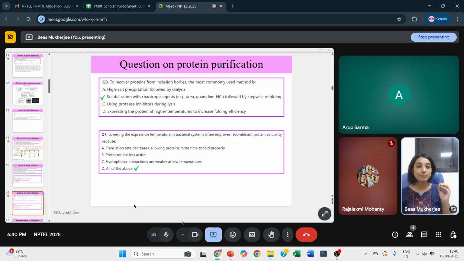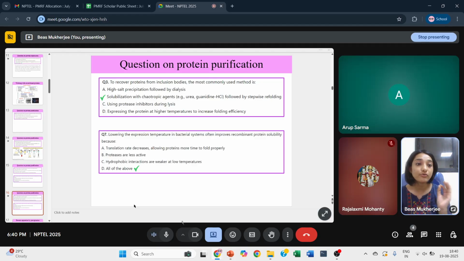So that is why it is very important that you are adding these denaturants. When you are adding denaturant, it is completely removing all interactions. The protein is becoming one linear chain and then you can refold it. So that is one way of doing it. Another way of doing it is IB wash, which is inclusion body wash. So this inclusion body is subjected to a lot of different buffers and then it is refolded.